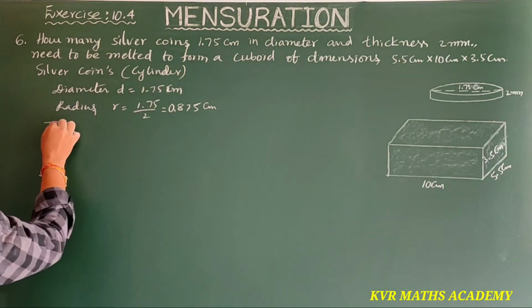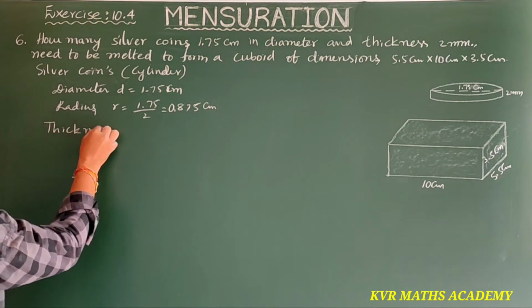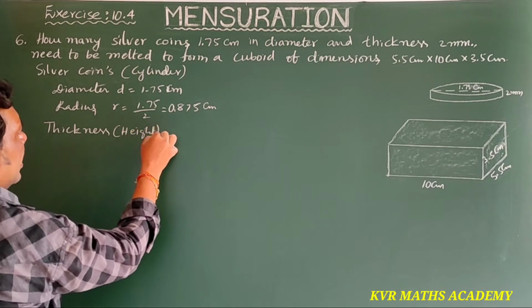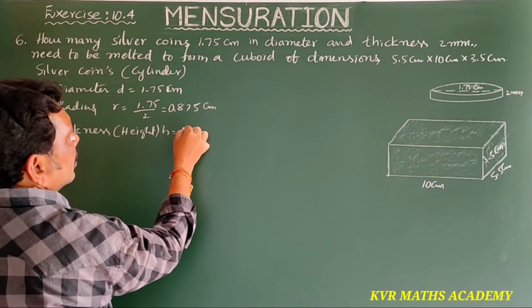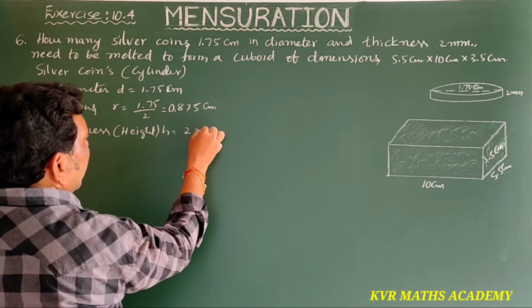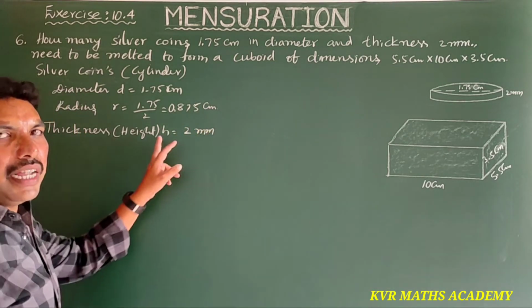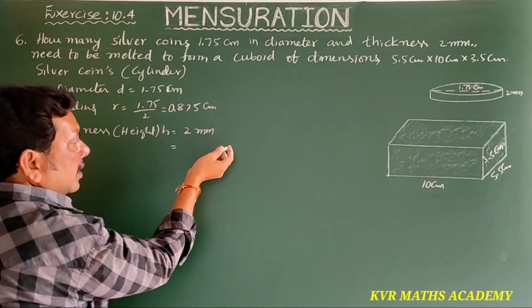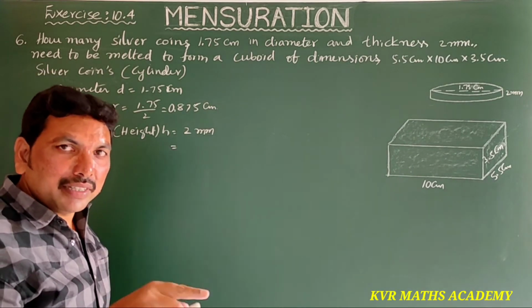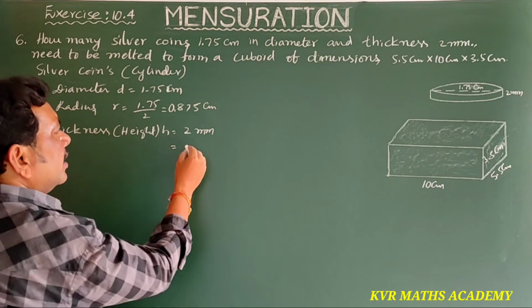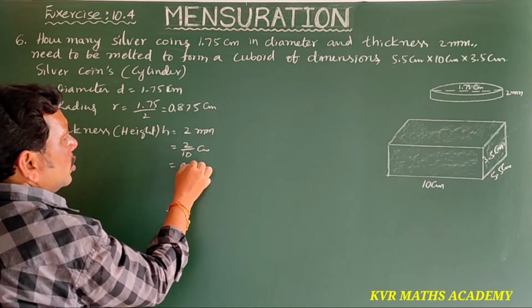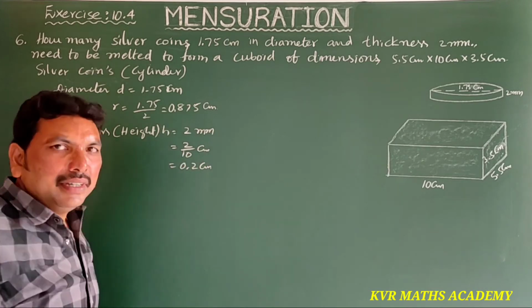Its thickness is nothing but the height h, which is 2 millimeters. Convert into centimeters, because the other measurements are in centimeters. 10 millimeters make 1 centimeter, so divide by 10: 2 by 10 centimeters, that is 0.2 centimeters, right?